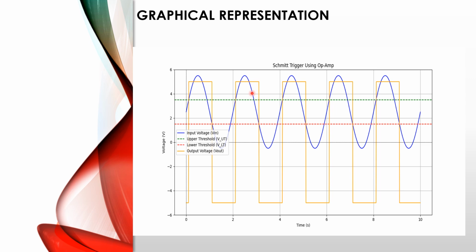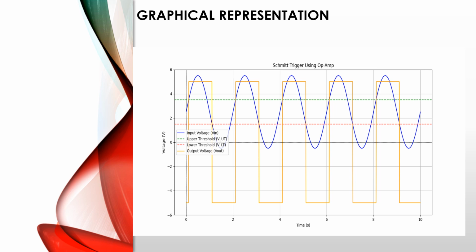Whenever the blue color line is less than the red color line, we get the negative VCC. In this way, we get a square wave output at the op-amp output terminal. So, this is the graphical representation of Schmitt trigger circuit.